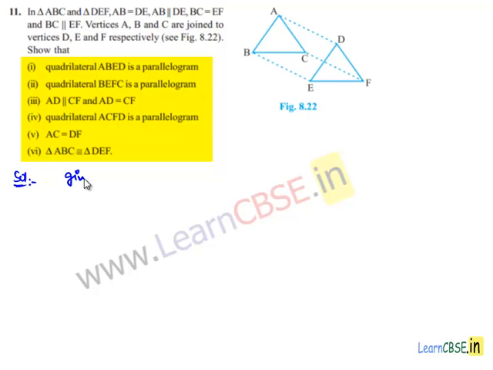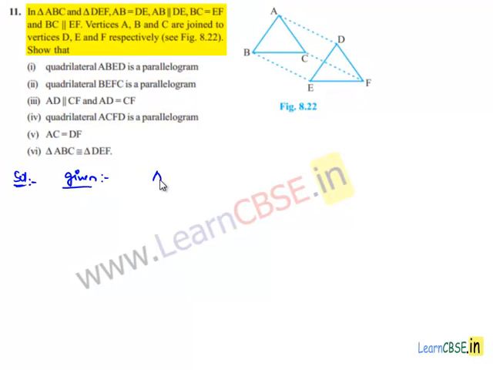It is given that AB is equal to DE as well as AB is parallel to DE, and BC is parallel to EF, and it is also given that BC is equal to EF.